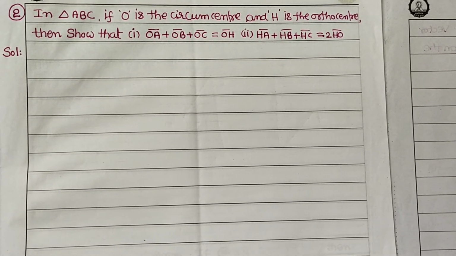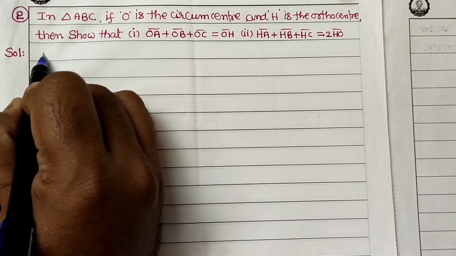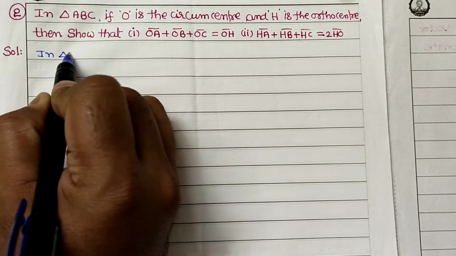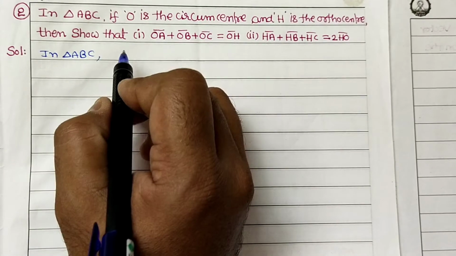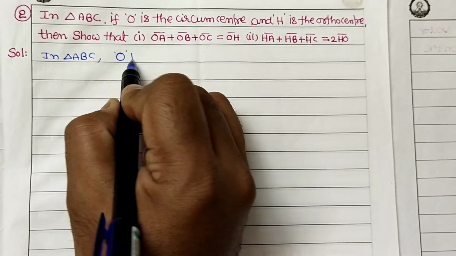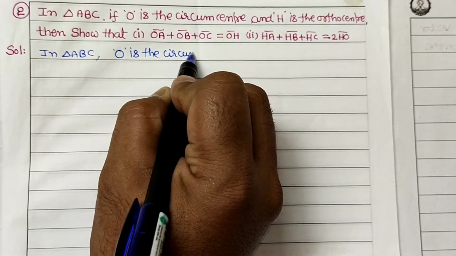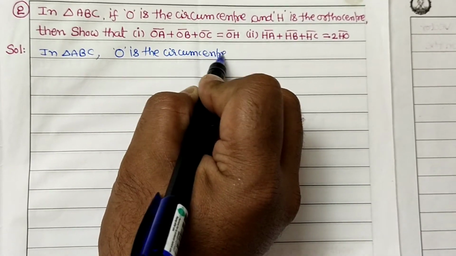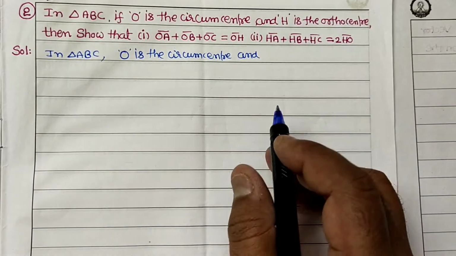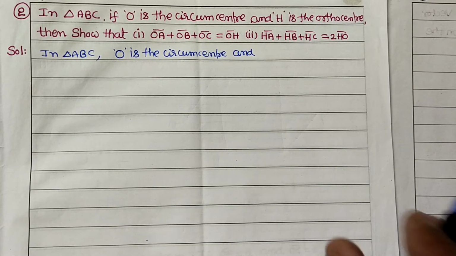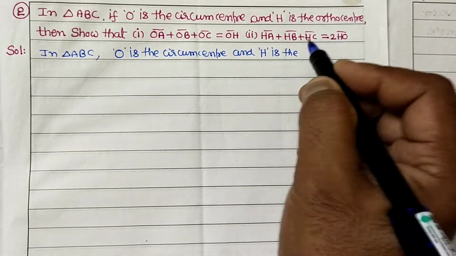So here, first, in triangle ABC, O is the circumcenter and H is the orthocenter.